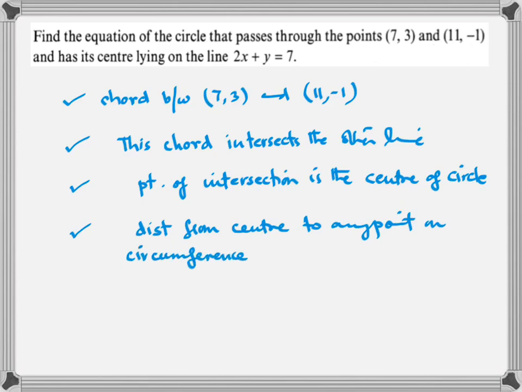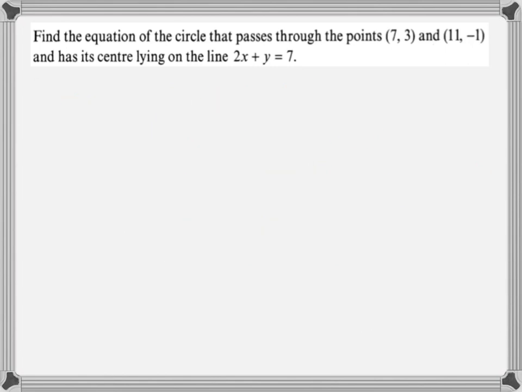The property of a chord is that the perpendicular bisector of the chord would be passing through the center. The examiner has already said that they would be meeting each other at the center. That means you can find the center by solving simultaneously. So therefore, A is (7, 3), B is (11, -1). Find the midpoint. Find the gradient of AB.